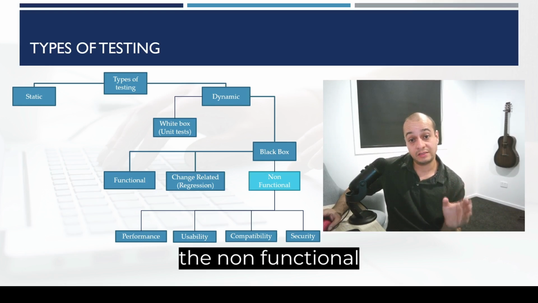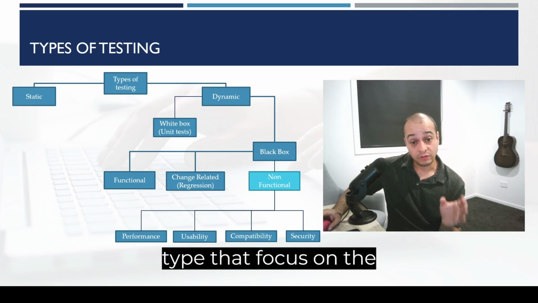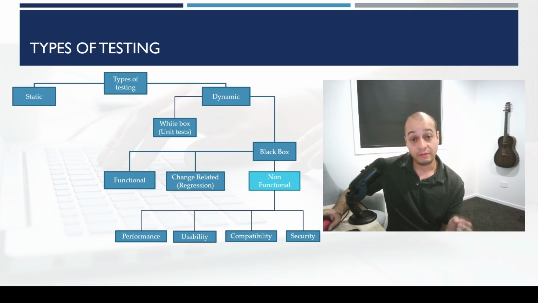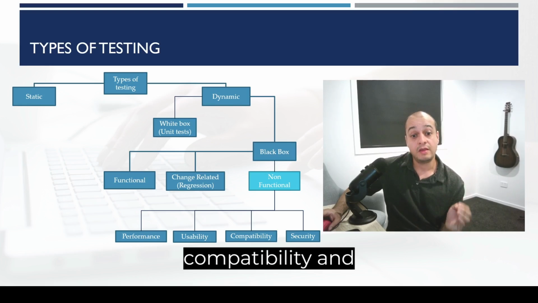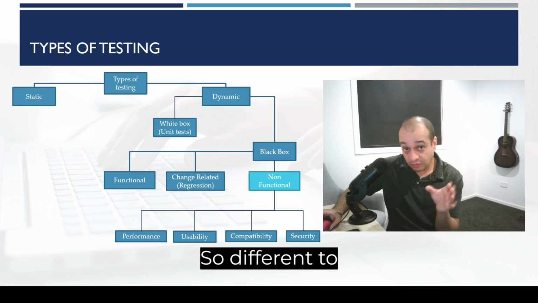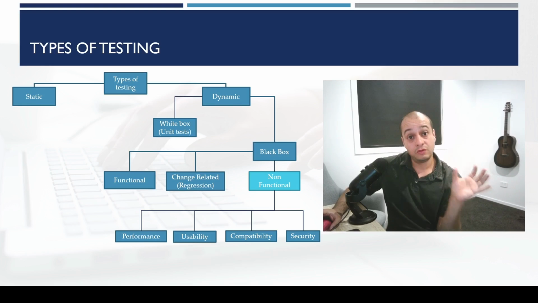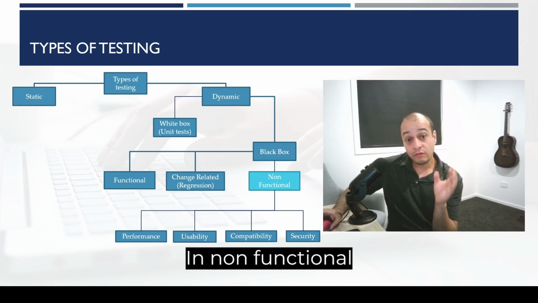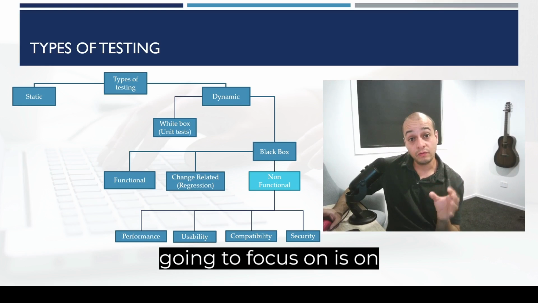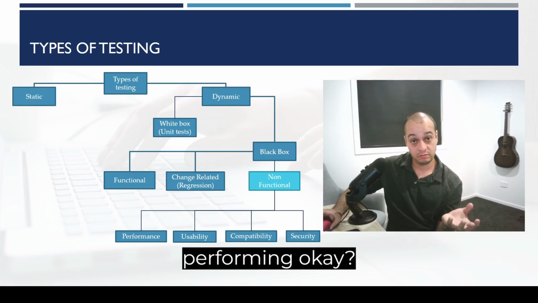The non-functional testing type focuses on the performance, usability, compatibility, and security, as you can see in the graph. Different to functional, which focuses on the functionality, in non-functional testing what you're going to focus on is the performance. How is the system performing?